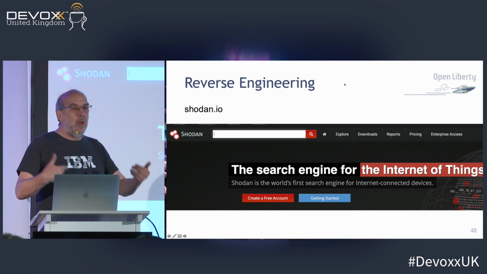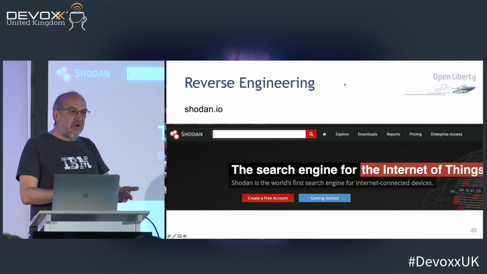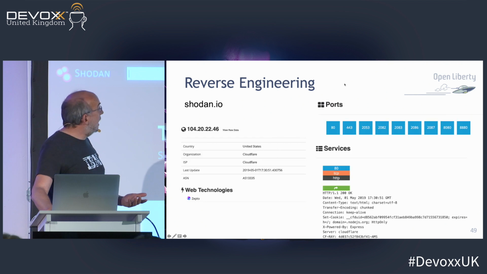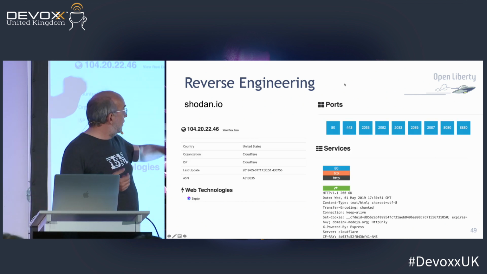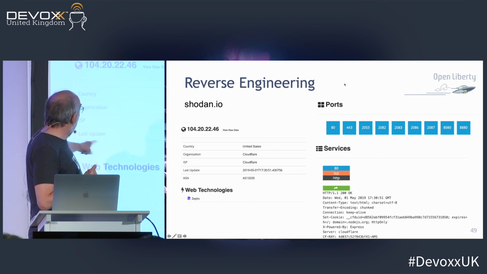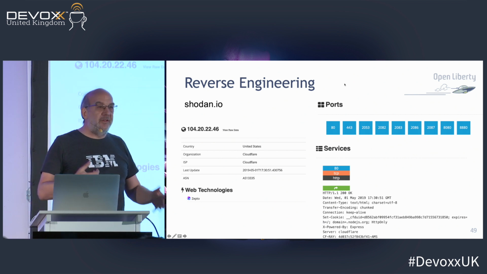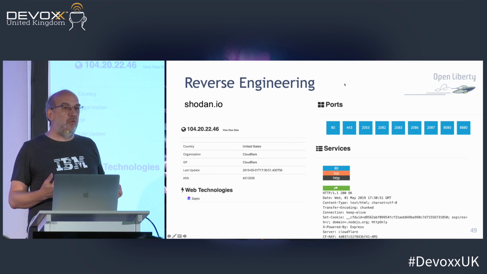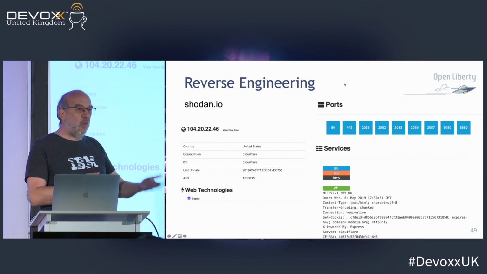Think of Google, but for IoT devices. Because it searches all the IoT devices, it searches all the web servers too. It gives me all sorts of wonderful information: what ports you've got open, what the responses are from probing those ports in standard ways, where you are, what software you're running. As a bad guy I can use this to find you and find your weaknesses.